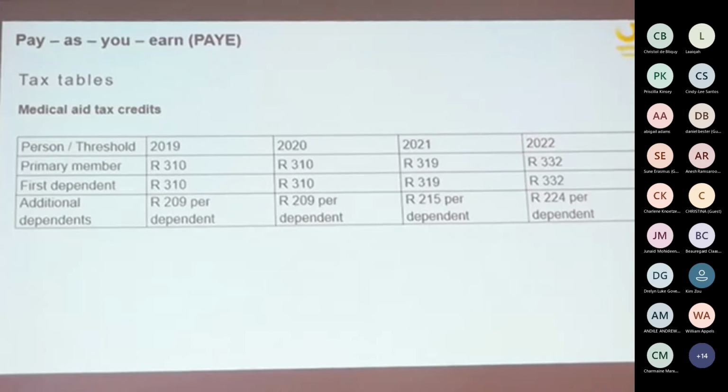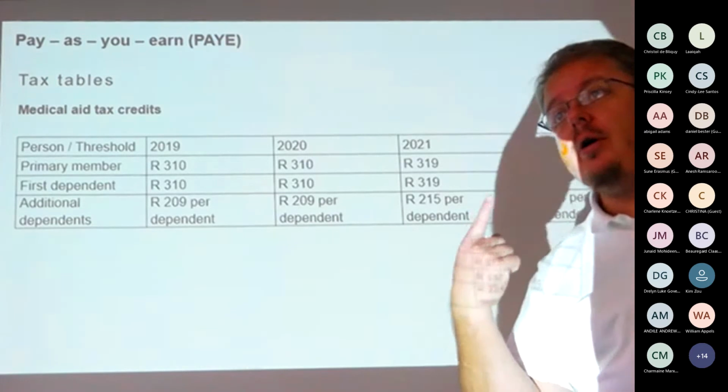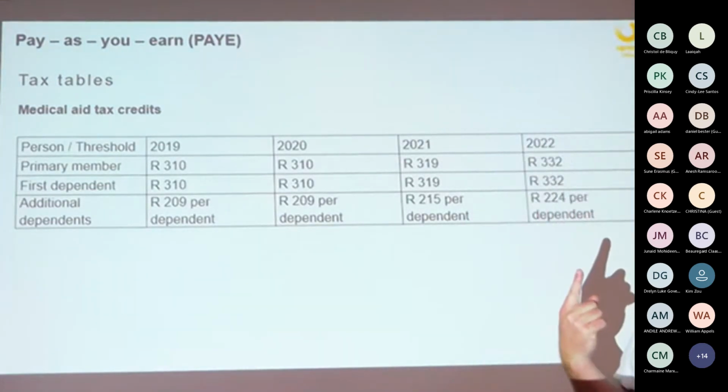Okay, there is the medical aid tax credits. Primary member and first dependent, 332 rand. Second dependent and everyone after that, 224 rand per month. That means if you pay towards a medical aid and you are the only person on your medical aid, then you get a rebate of 332 rand, or a tax credit.